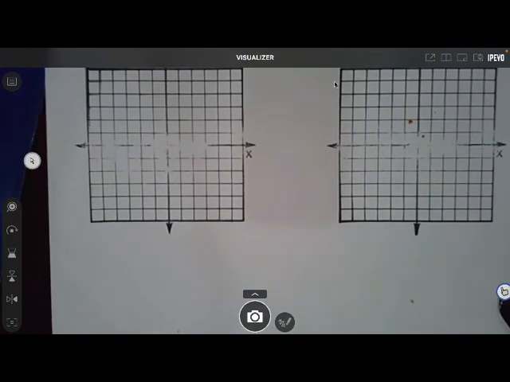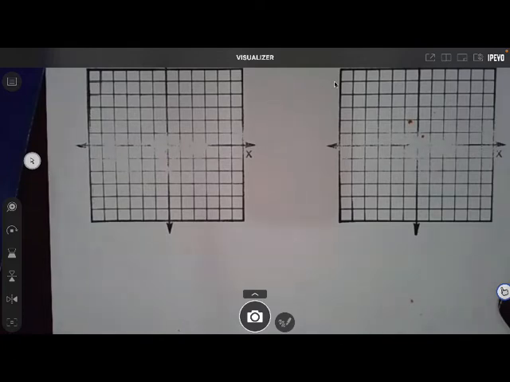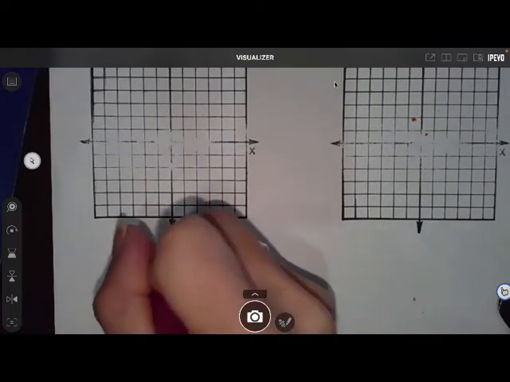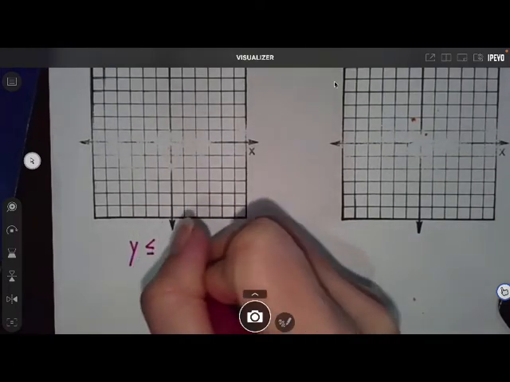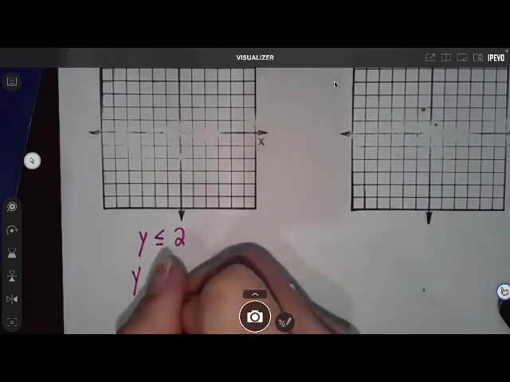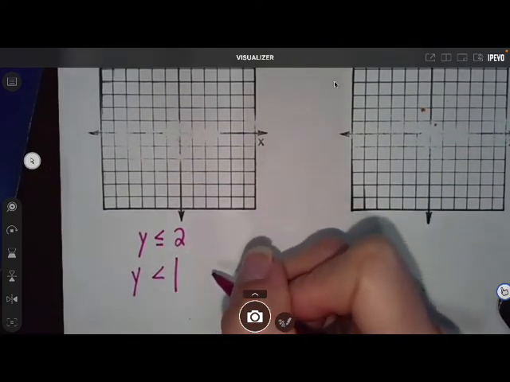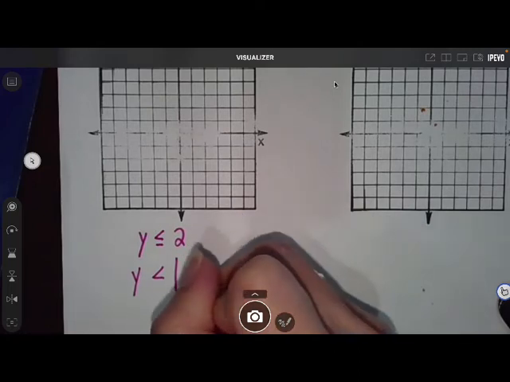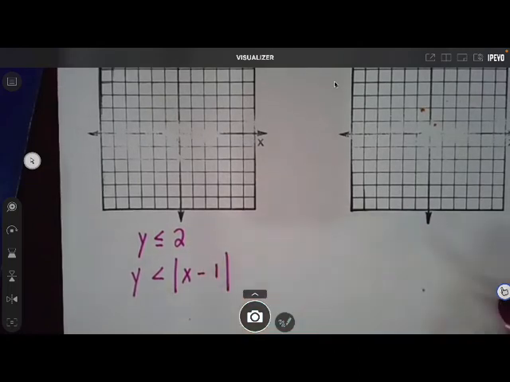Now let me do, not that one, I'm looking for a good one. I'll do y is less than or equal to 2 and y is less than the absolute value of x minus 1.